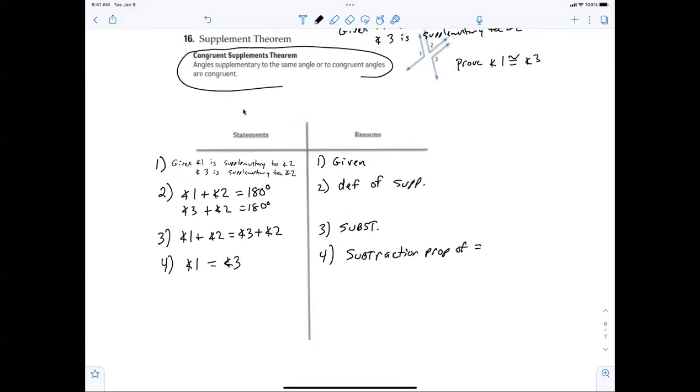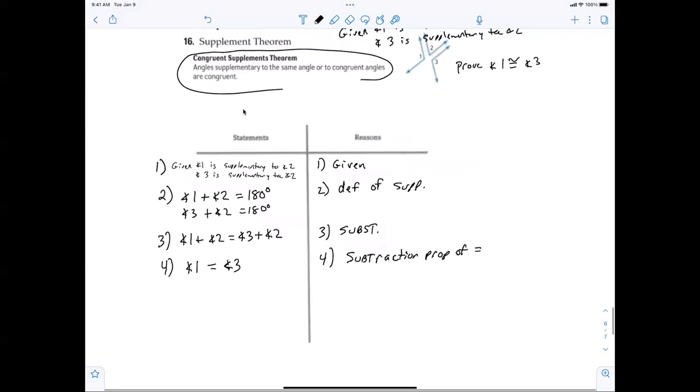Now I'm looking at my proof. I'm supposed to prove that they are actually what, though? Congruent, not equal. So then we would just say step number 5, angle 1 is congruent to angle 3. And of course, we would say that's just the definition of congruent. All right, I feel pretty good about that. Not too bad. Hopefully you're feeling the same.